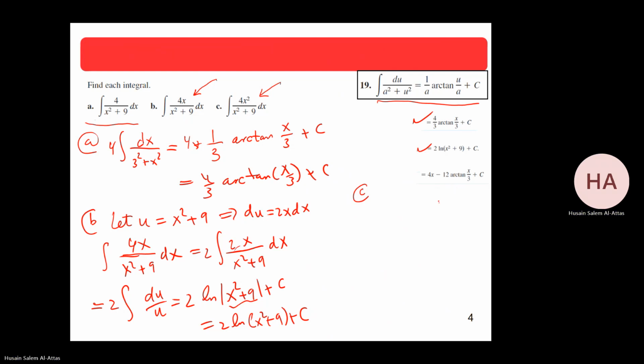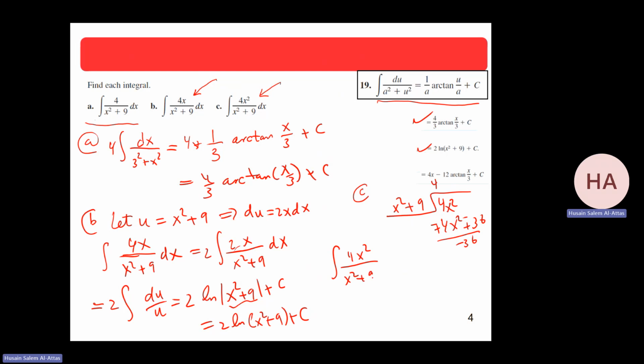That gives me 4x squared plus 36, minus 36. So 4x squared over x squared plus 9 dx, this expression I can rewrite as 4 minus 36 over x squared plus 9, using the long division. I just rewrite the result of the long division.